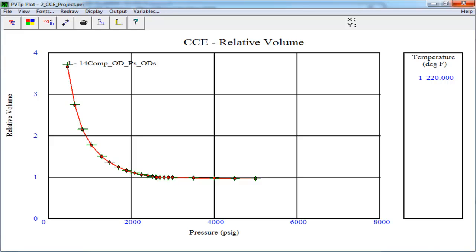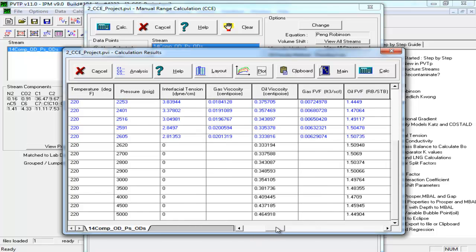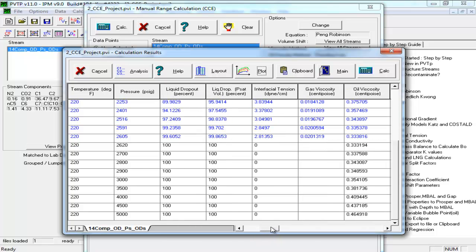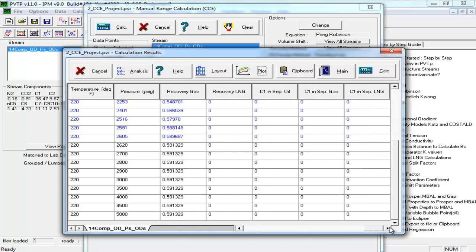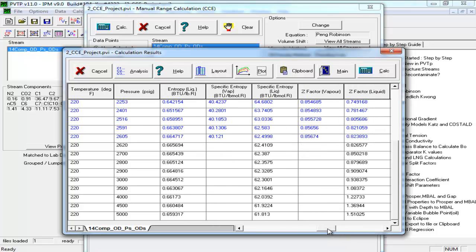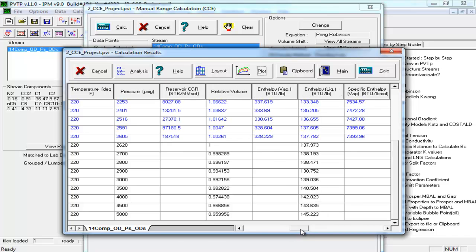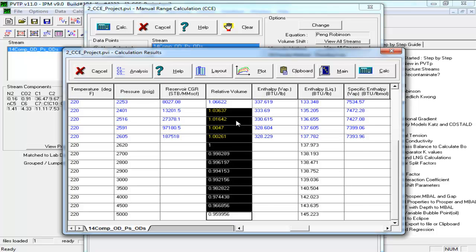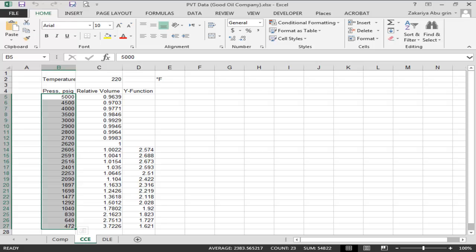So what we will do, we just take the relative volume, yeah, this one, relative volume, and we will go.